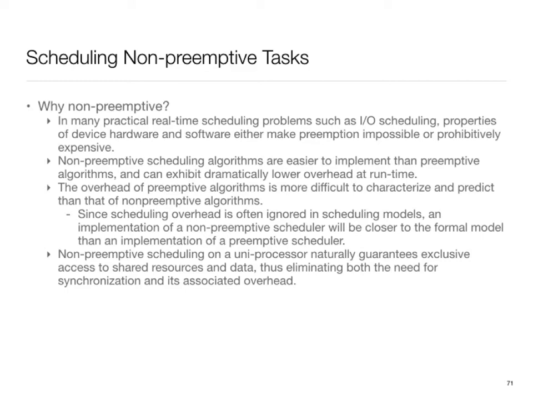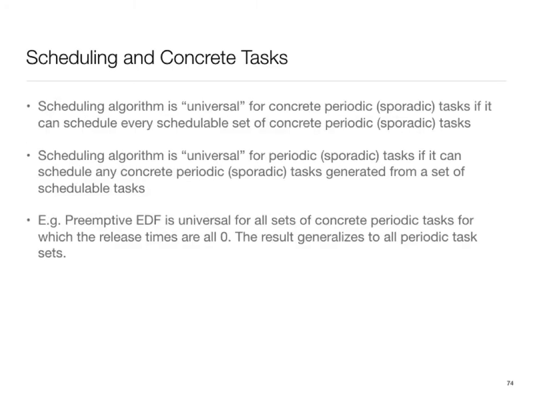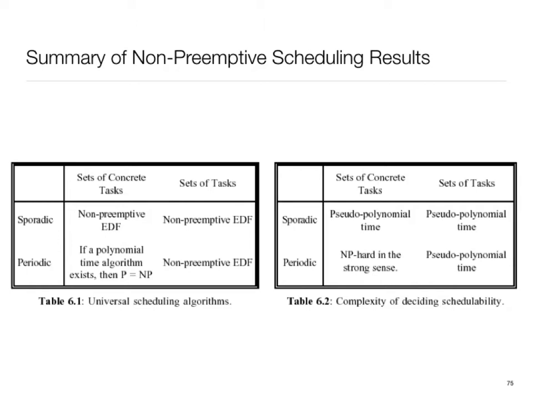It turns out non-preemptive EDF, within the world of non-preemptive schedulers, has an optimality criterion. So this is a table which shows in a non-preemptive setting what role non-preemptive EDF plays.